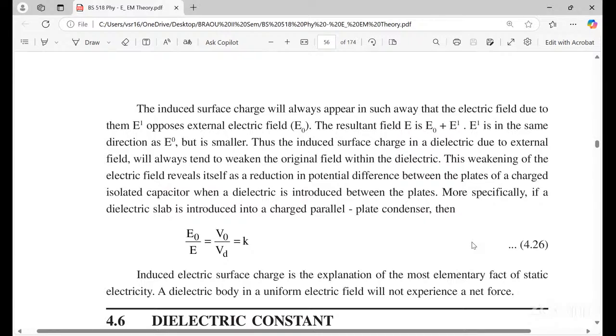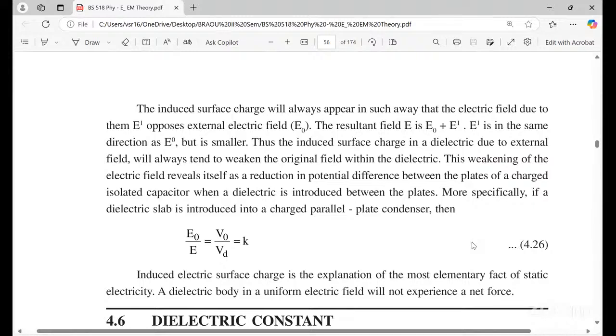The induced surface charges always appear in such a way that the electric field due to them, E prime, opposes the external electric field E naught. So the resultant field is E naught plus E prime, where E prime is in the same direction as E naught, but it is smaller.